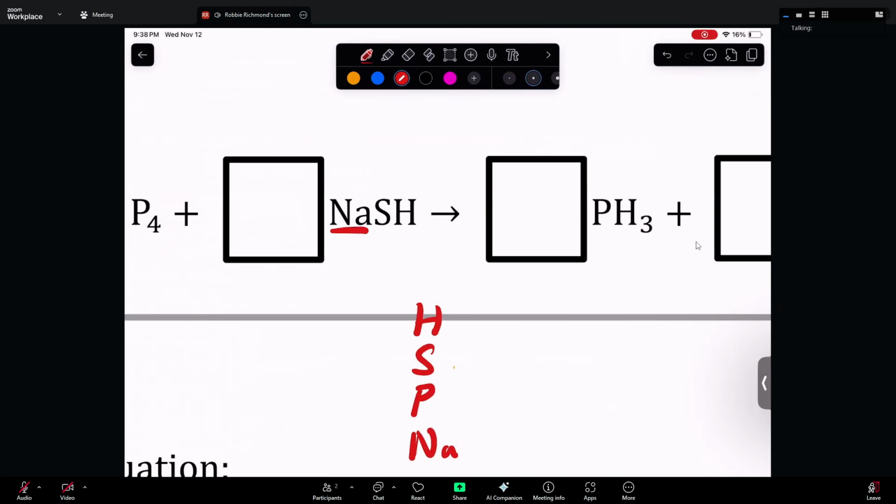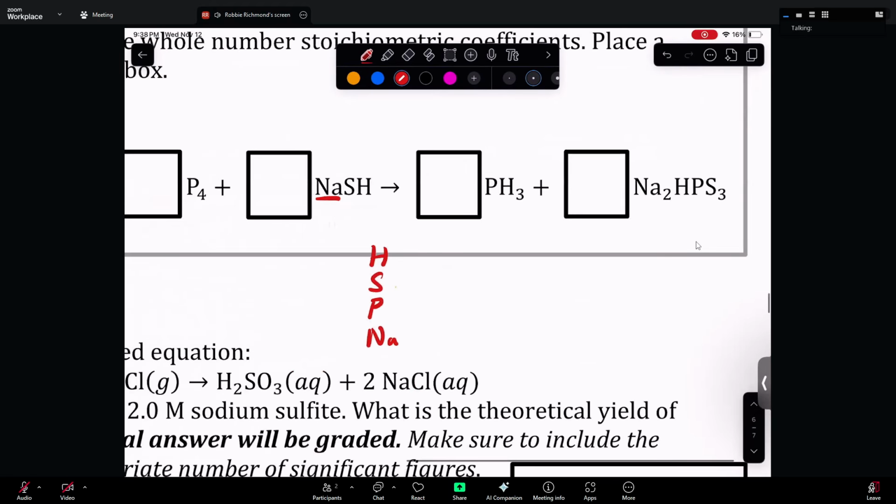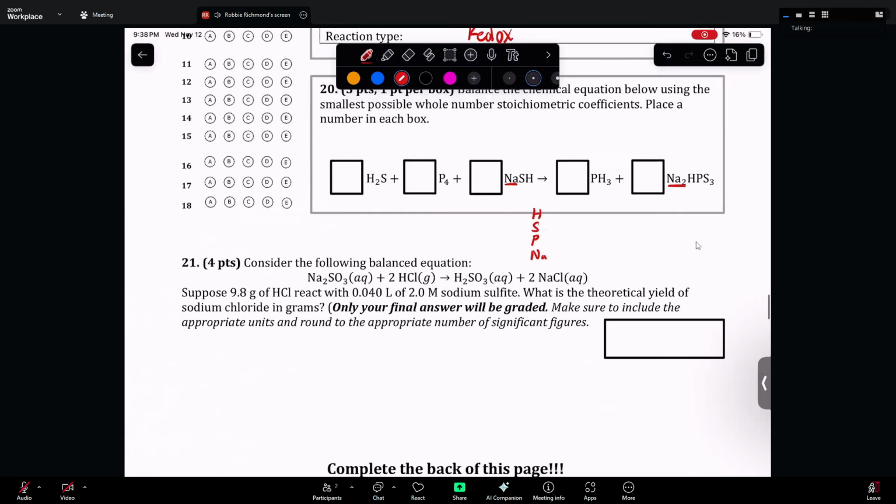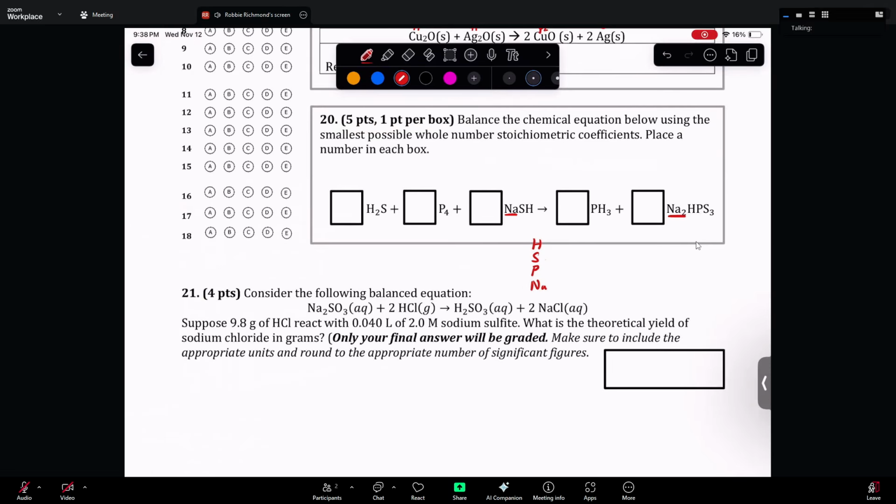In this case, I see sodium, and there's only one reactant and one product that have sodium in it. So whatever coefficient we have here is going to be directly correlated to this coefficient. So immediately just balancing, this should be a 2.